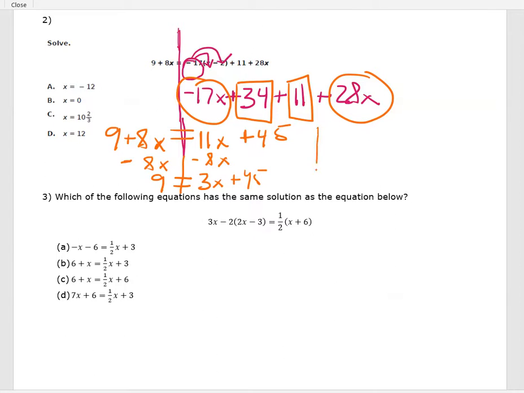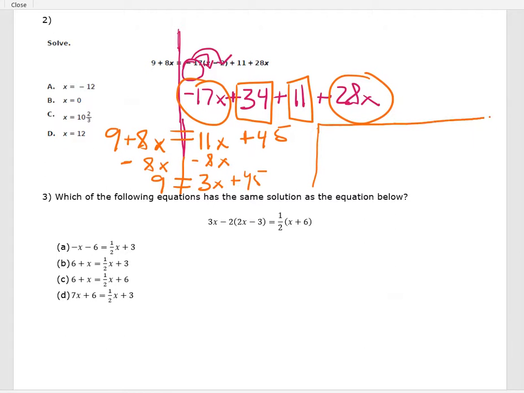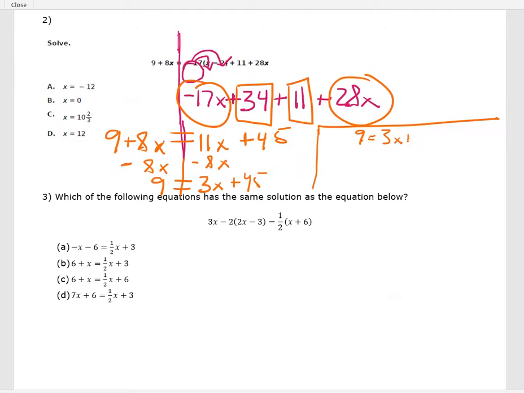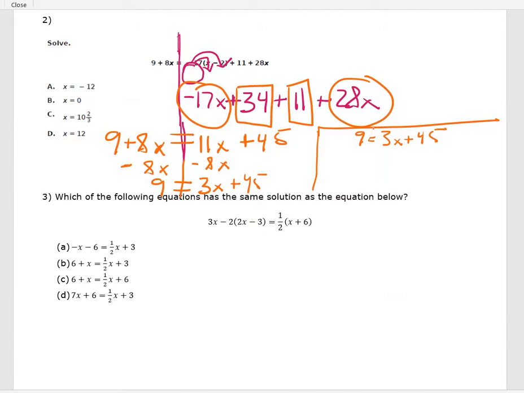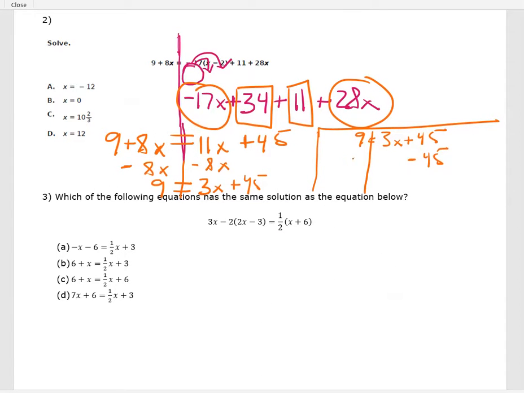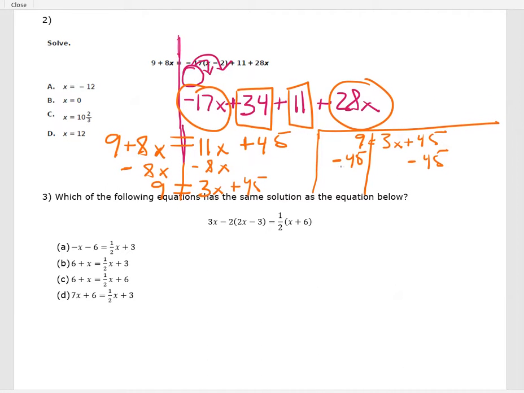I'm going to work over here a little bit. So I have 9 is equal to 3x plus 45. I'm going to subtract 45 from both sides. 9 minus 45 is going to give me negative 36.